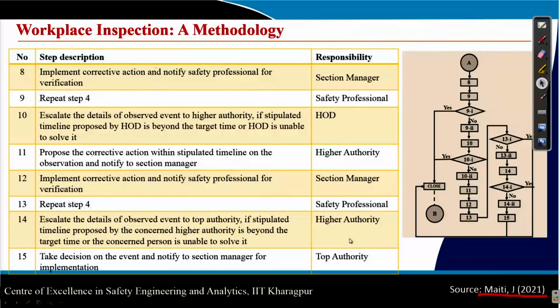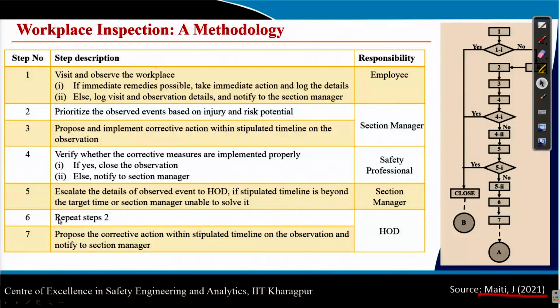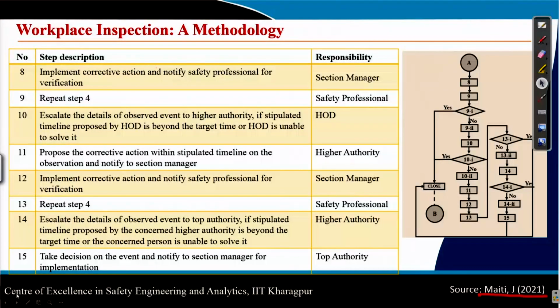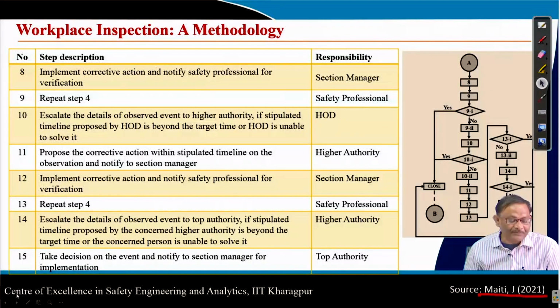Then as I told you earlier, these 7 steps are in the head, and the next step, the 8th step, is basically implement corrective action, notify the safety professional for verification, and then again repeat step 4.